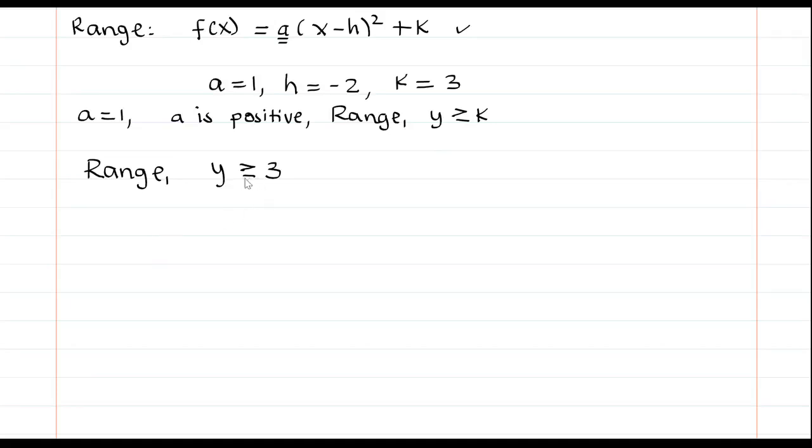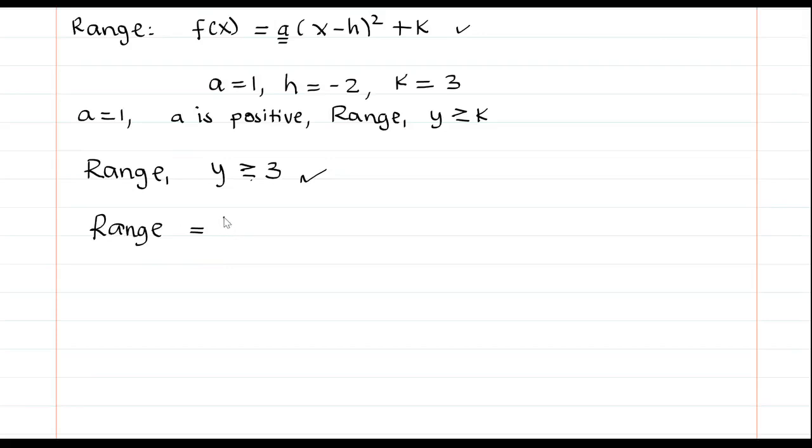I believe you know how to interpret inequality symbols. This is the range, correct? But what about the range in the interval notation? Our range is a value y more than or equal to 3. That means y starts from 3 and becomes bigger than 3, that is, the numbers more than 3.